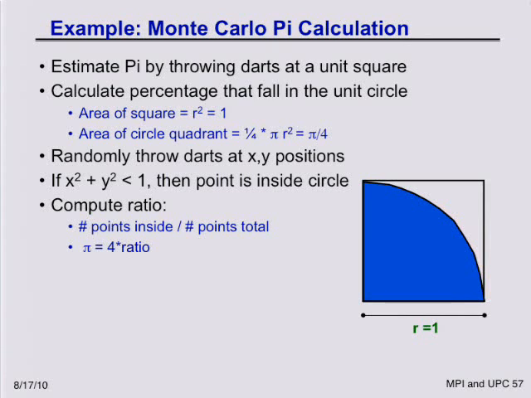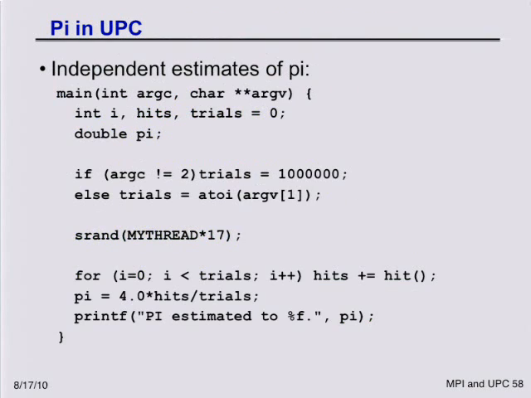So here's the Pi example, once again, that I talked about earlier. I should put the picture sooner. This is what one version of the Pi example looks like in UPC. It's actually doing completely independent computations of pi. There's no communication or sharing in here, so it's not a very interesting program, but you can see the different pieces of it. Any C program is a legal UPC program, and the only thing that makes this not a straight C program is the MYTHREAD variable, which seeds the random number generator with a different number so that each process uses a different set of random numbers.